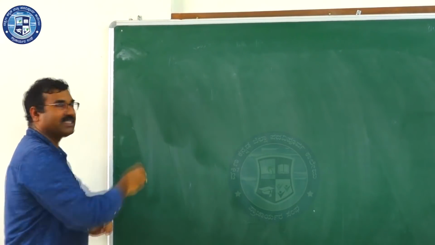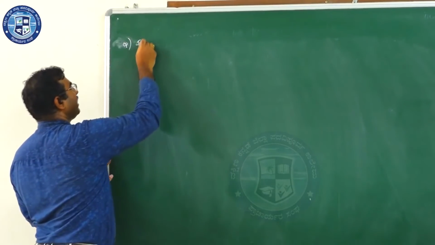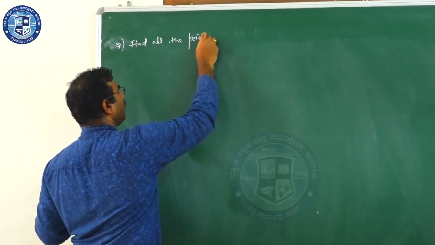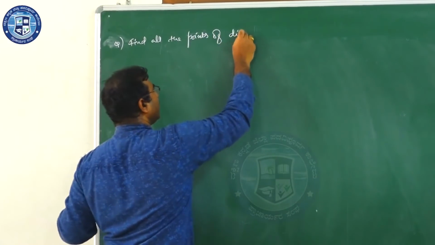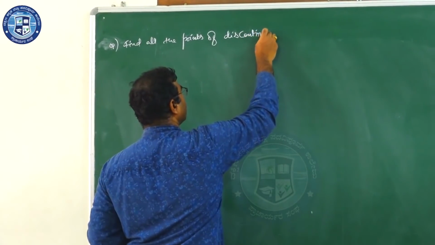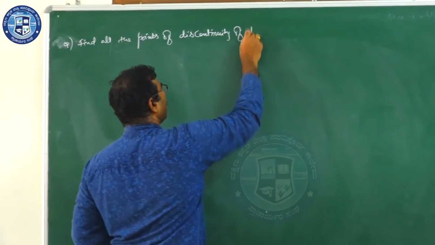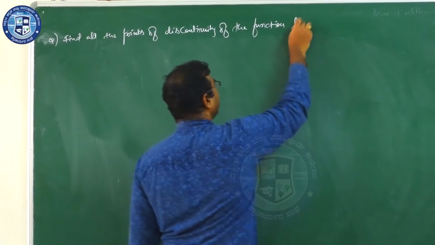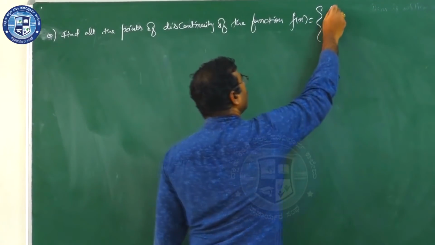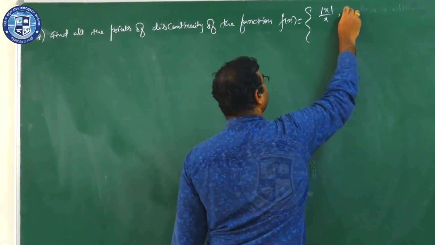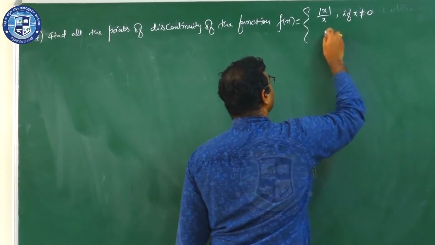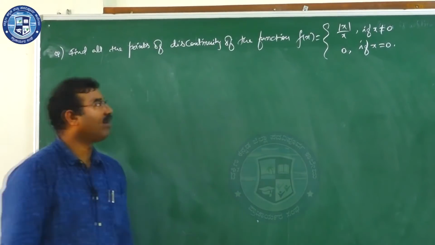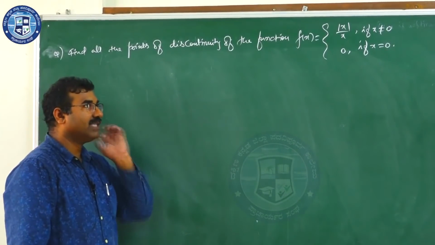Find all the points of discontinuity of the function f of x is equal to mod x by x if x not equal to 0, 0 if x equal to 0.